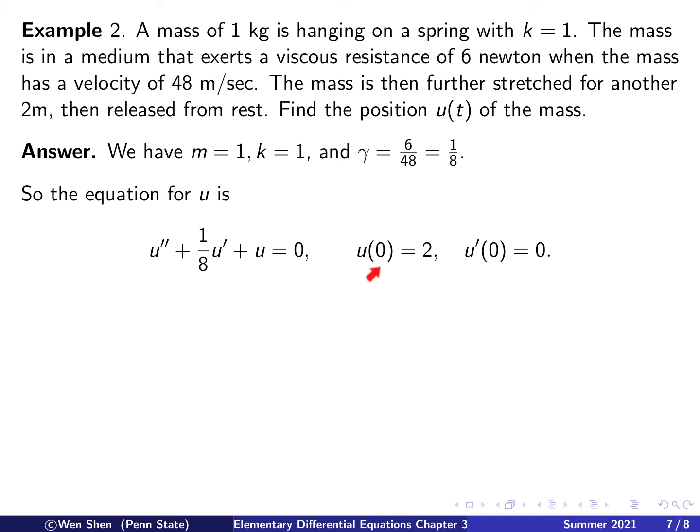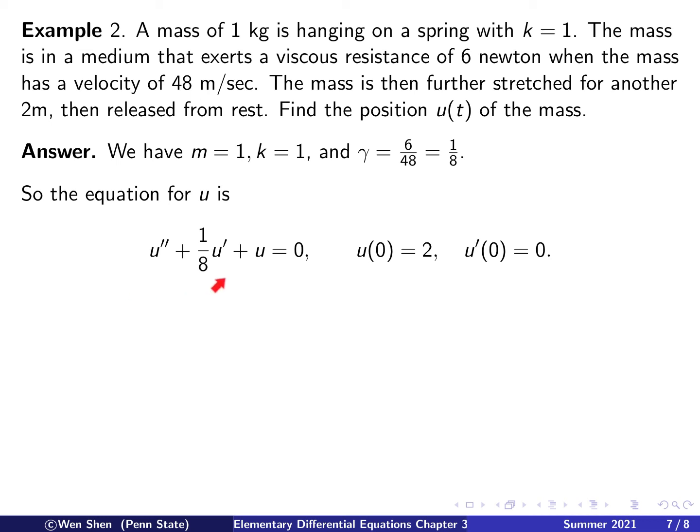So u of 0, what is the initial position? Well, it says the mass is further stretched for another 2 meters. So it's 2 meters away from the equilibrium in the positive direction. So u(0) is 2. And then it says it's released from rest, without initial velocity. So u prime of 0 is 0.